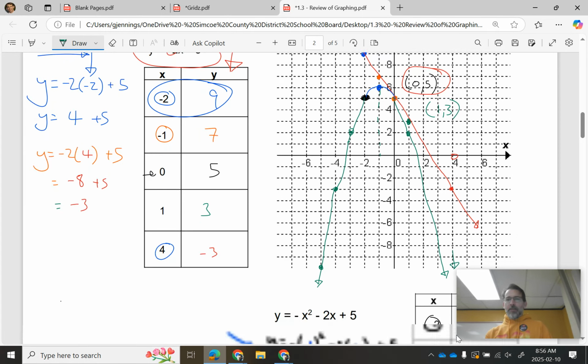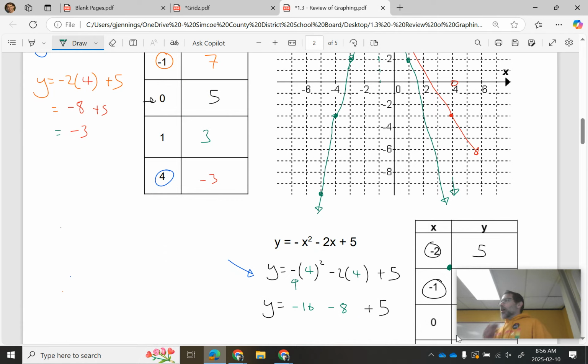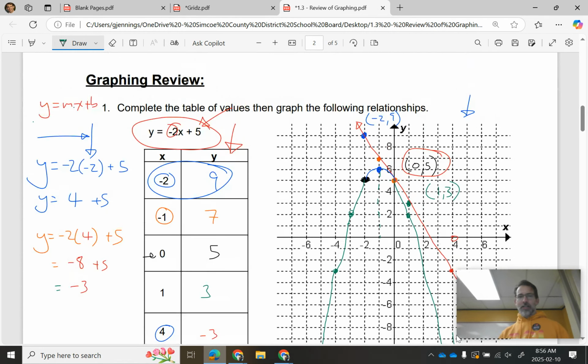Okay, so now allow me to point out something that may be useful to you for visualizing these parabolas in the future. Did you notice that I kind of had us use this piece twice? This -2x plus 5.